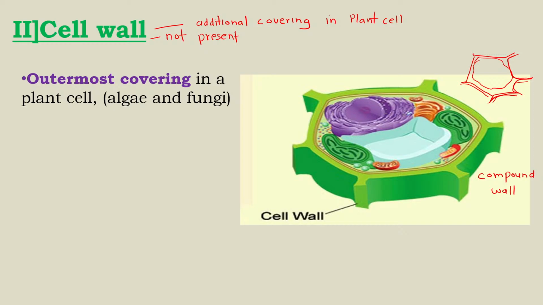So the outermost layer in the plant cell, and also certain algae and certain fungi, contains this cell wall. It is outside the cell membrane.